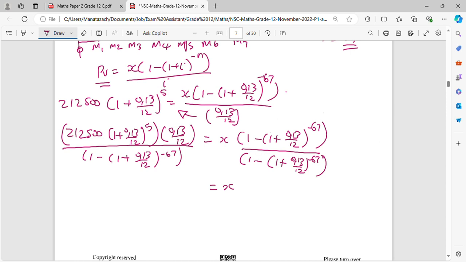That's 1 plus, finally, 0.13 divided by 12. Okay, there you go. I'm getting 4724.96. So this is the amount that he'll be contributing towards his loan for the rest of the 6 years.